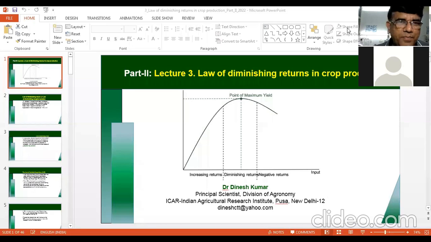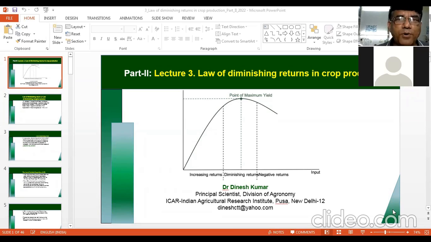So welcome again. This is part 2 of lecture number 3, Law of Diminishing Return in Crop Production. We have seen some basic information which is directly or indirectly related to the Law of Diminishing Return. Especially we have seen productivity measures, average product, total product, elasticity of production, partial factor productivity.